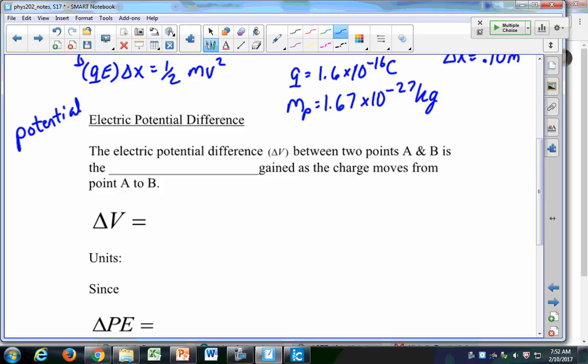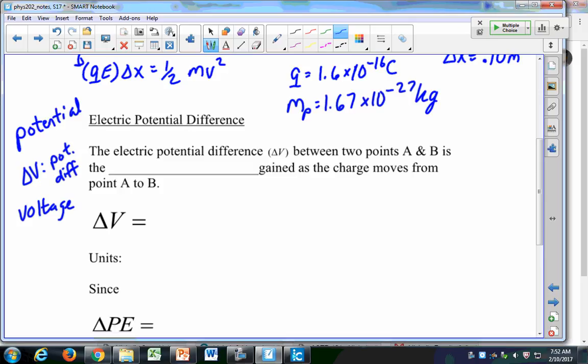We'll also talk about potential difference, which I'll call delta V. This is going to be the difference in the energy per charge between 2 points in space. And then later when we get into circuits, we'll just scrap all that and we'll just call it voltage, like the voltage of our outlet is 120 or 110 volts. But we'll sort of use those interchangeably, though there are slight nuanced differences in them.